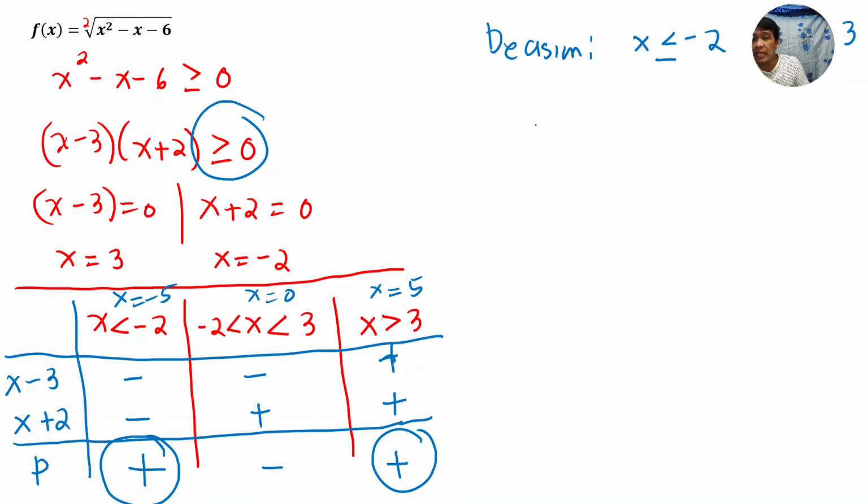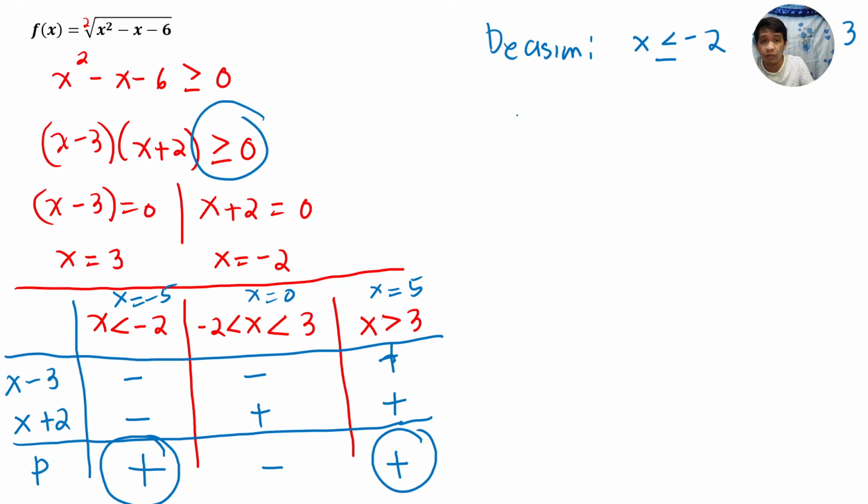Also with 3. So, if x is equal to 3, substitute natin 3 minus 3 is 0. 0 plus 2, multiplied by 2 is 0. Since pwede siya maging 0, i-include din natin ang 3.